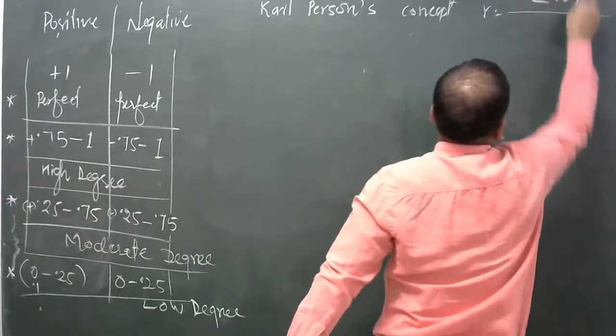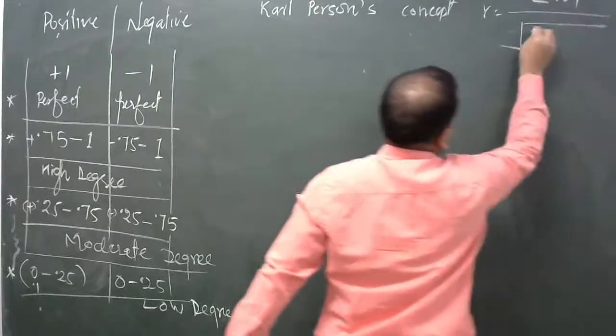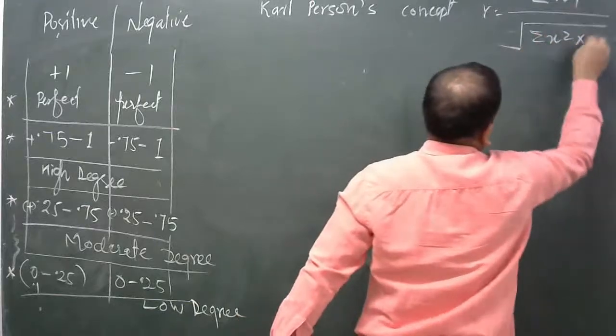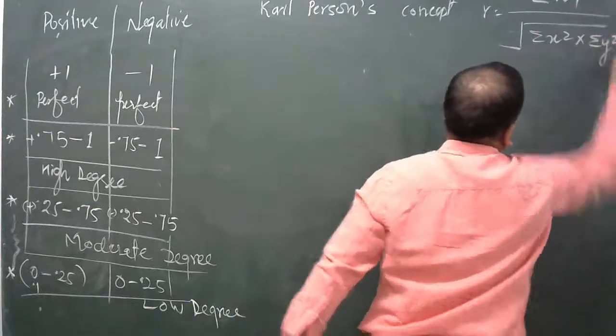Summation xy upon under root summation x square into summation y square.